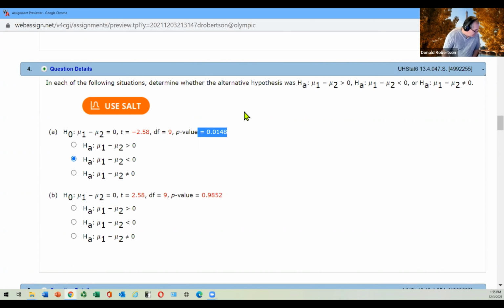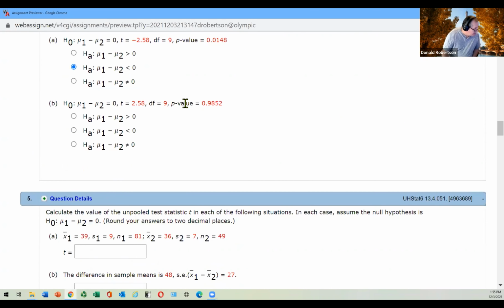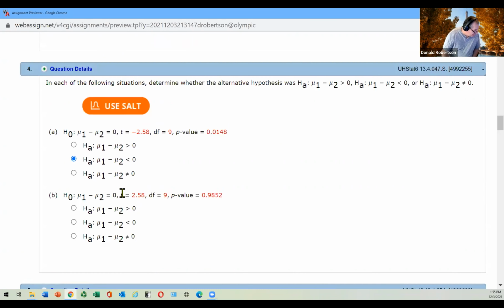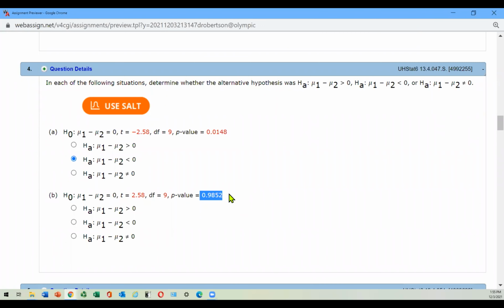That's it. Now, this one has a positive t-score, but a really big p-value. So what situation would give you a positive t number, but a very big p-value?